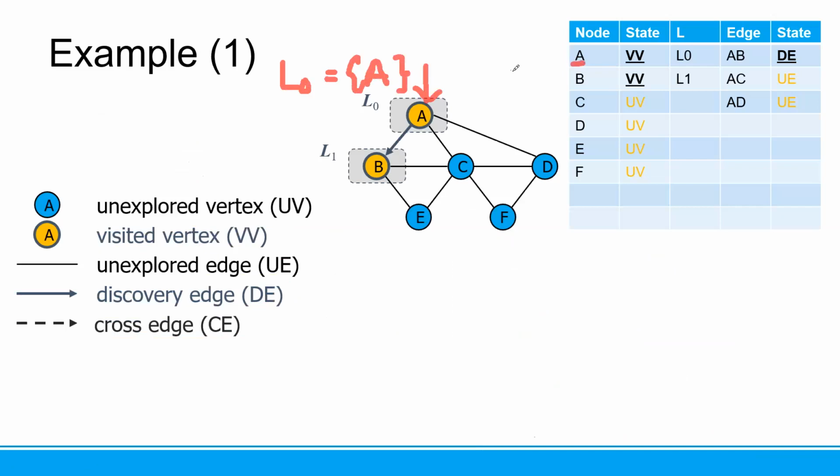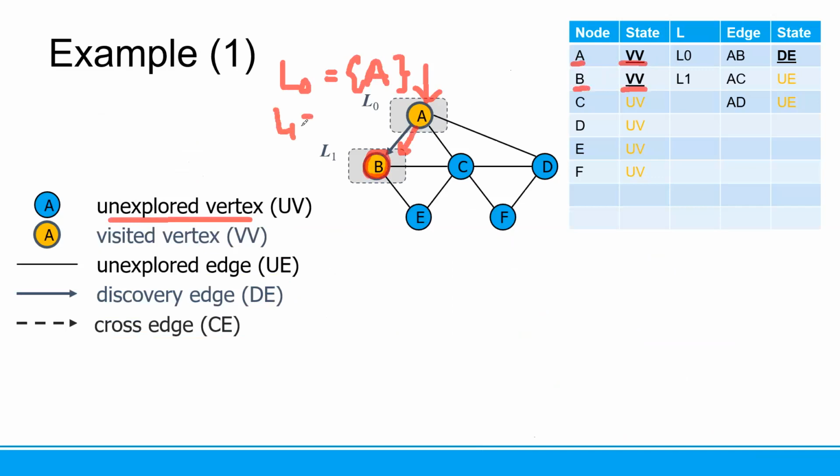We first put all the nodes as unexplored, so A will be visited, and then we check the incident edge of A and the vertex opposite of A. If B is an unexplored vertex, then we set it as visited.